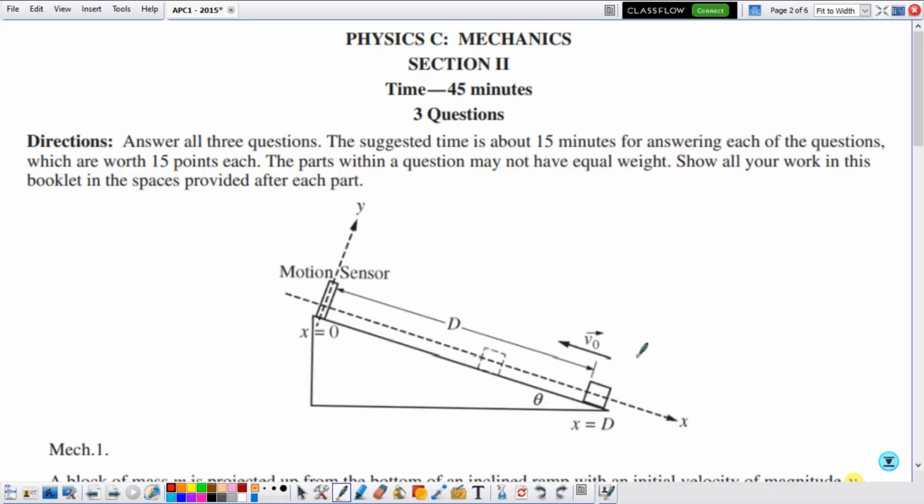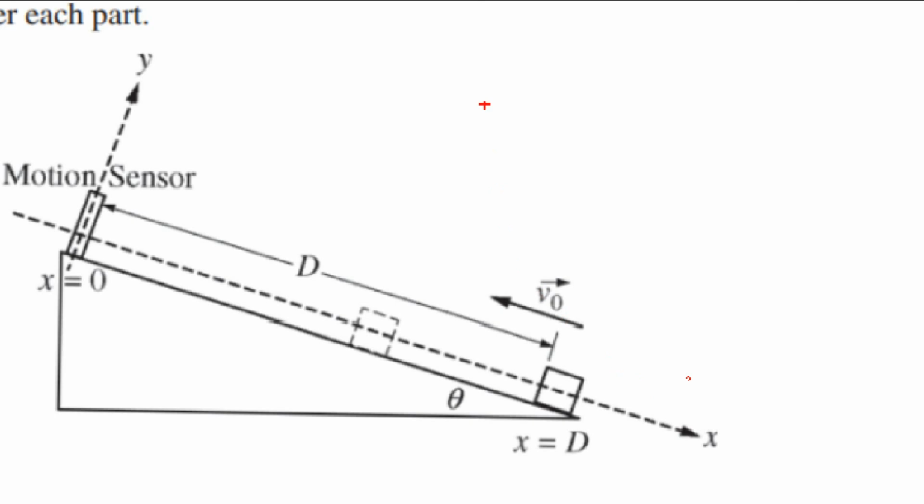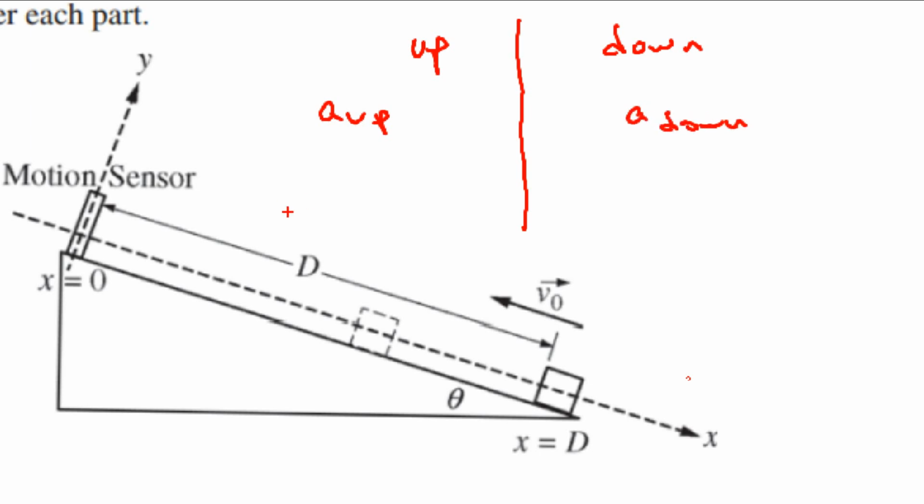Let me repeat, the motion in this case can be split into two, up the ramp and down the ramp, and let's discuss acceleration in both cases. So here we have A up and A down, and let me compare these two. During the upward motion, the acceleration acting on the block is due to two forces, the pull of gravity down and the friction which is down the ramp. However, while it's going down the ramp, we have gravity down and friction which is up.